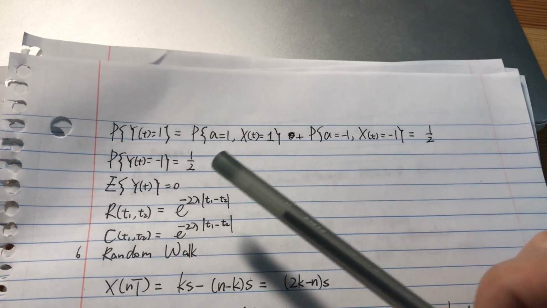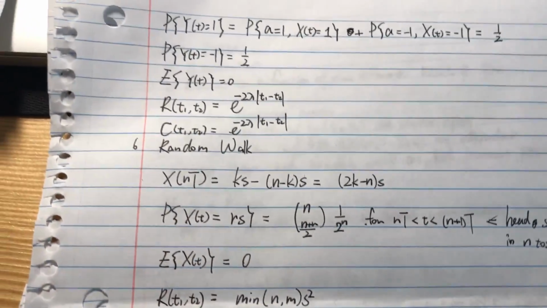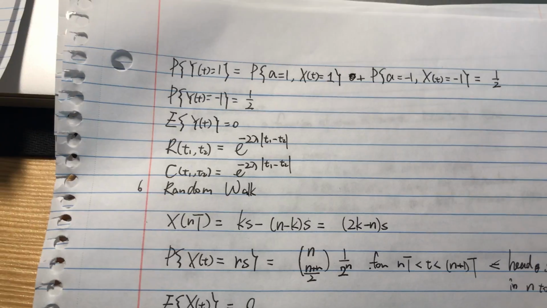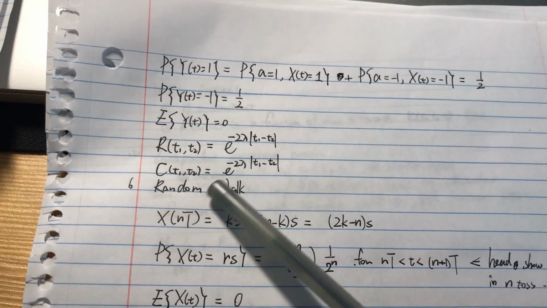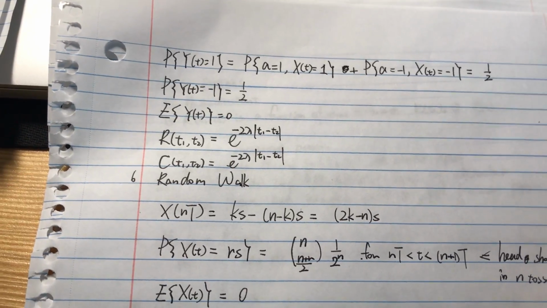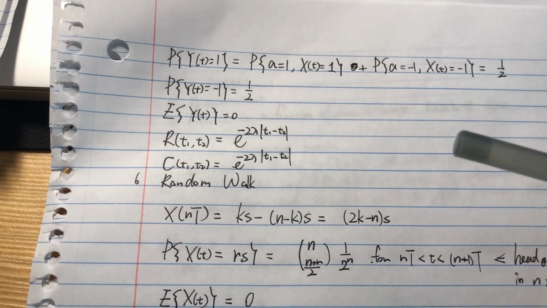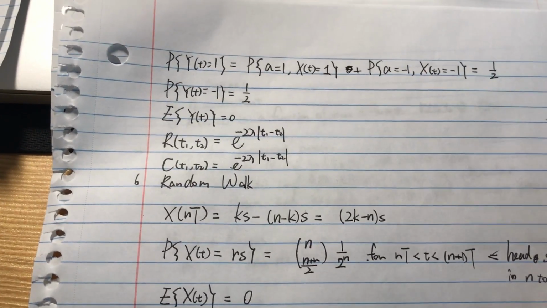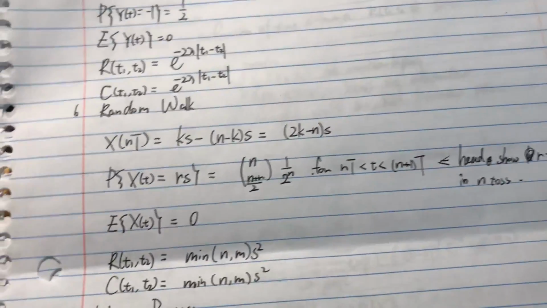And similarly, the probability of y equals minus 1 is also 0.5, and the expected value is 0, and the autocorrelation is e to the 2 lambda times the absolute value of t1 minus t2, and the autocovariance is e to the 2 lambda times, also the same as the autocorrelation, same value.